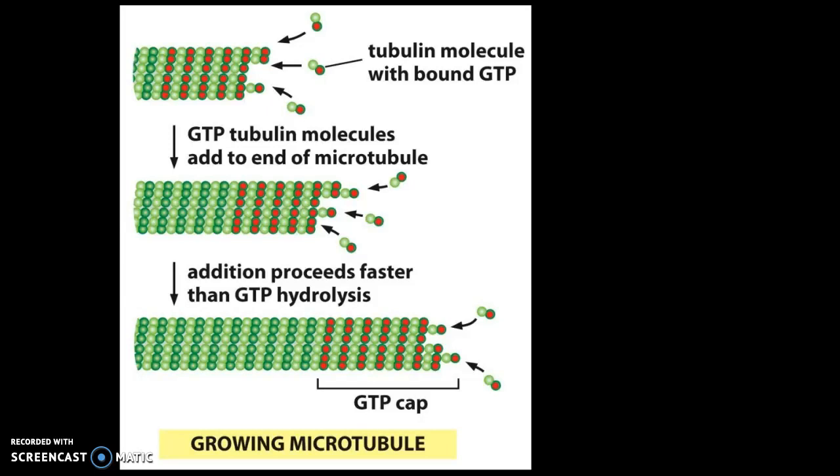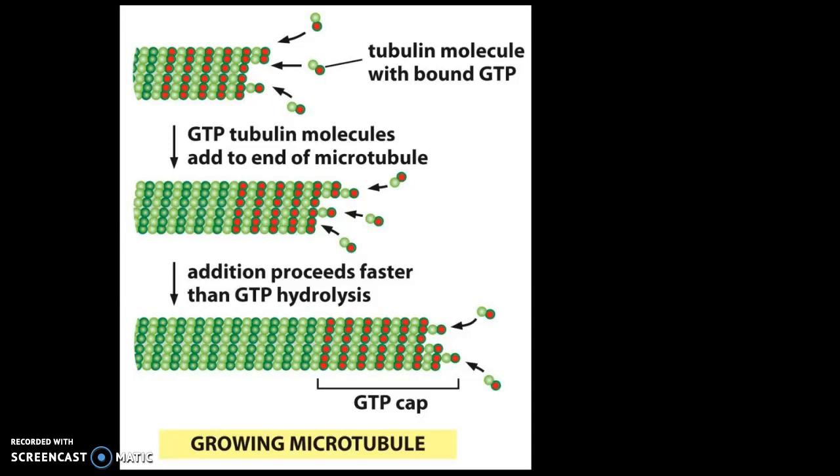The GTP hydrolysis just happens on a sort of a clock, and so the GTP hydrolysis is progressing at the same rate that the microtubule is growing, and because of that addition of those dimers, there's always a GTP bound tubulin dimer cap.